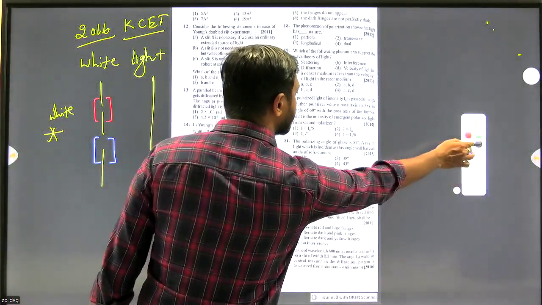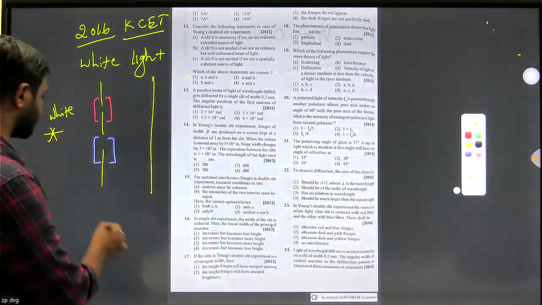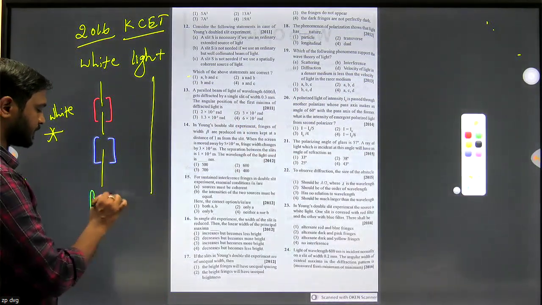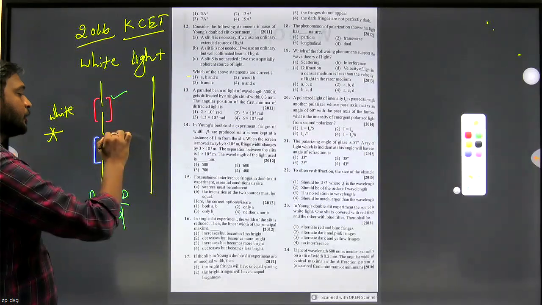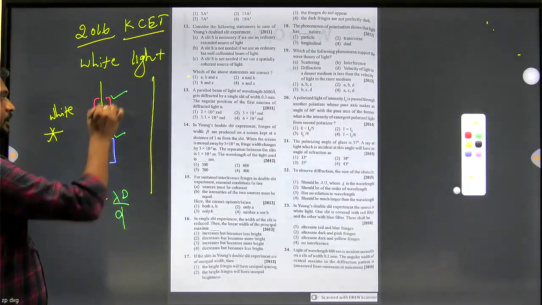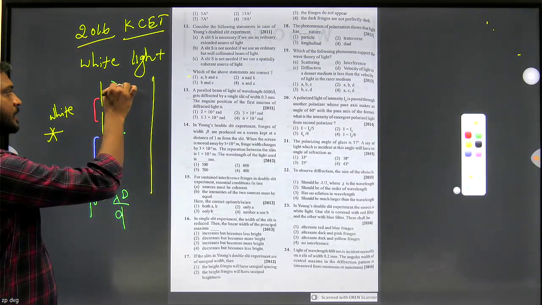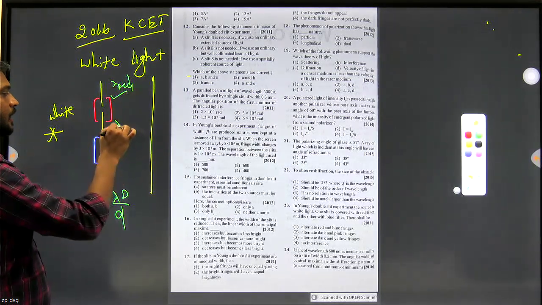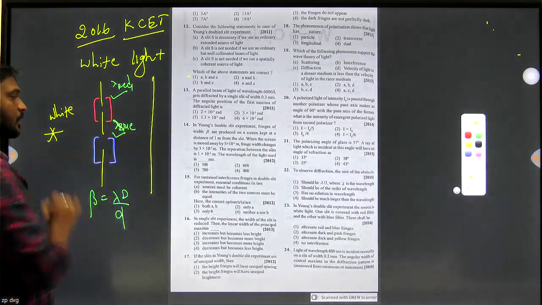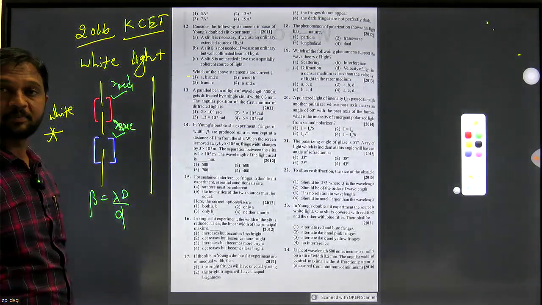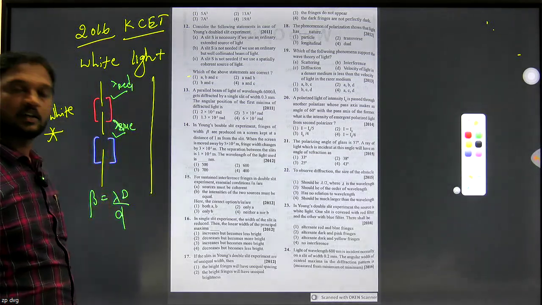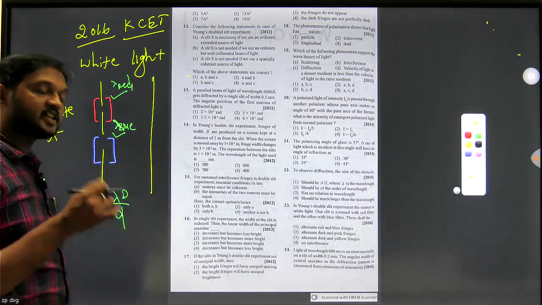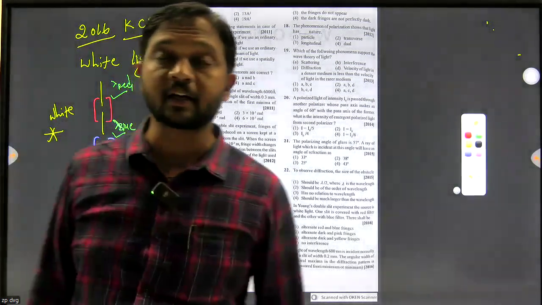See, the interference formula is beta equals lambda D by d. If two different wavelengths, lambda red and lambda blue, are used, what is the condition to get a sustained interference pattern?